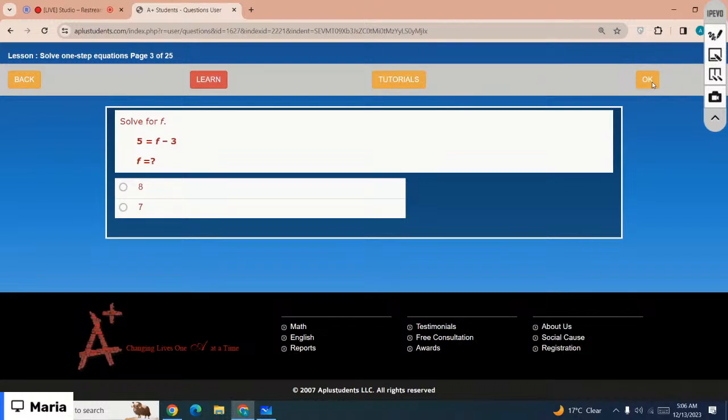You need to move that 3 to the other side. So the opposite of subtraction is addition, right? You need to add 3, and that is 5 plus 3 equals 8. So the correct option is 8.